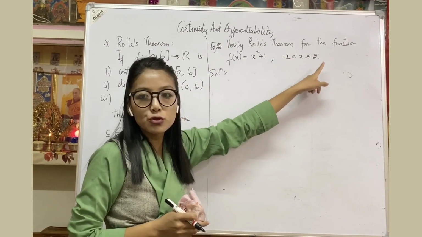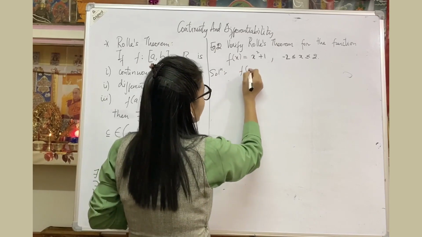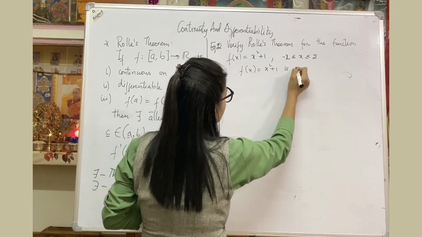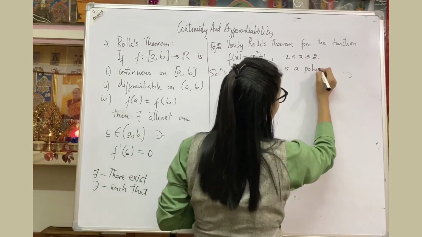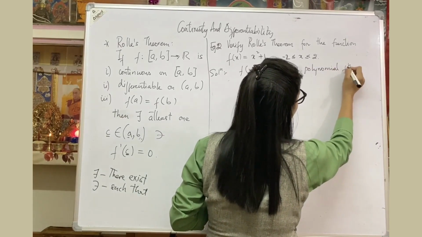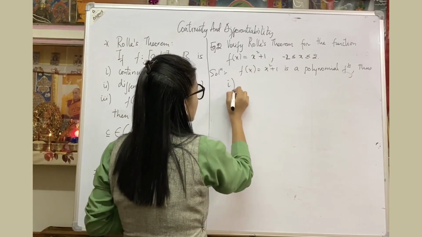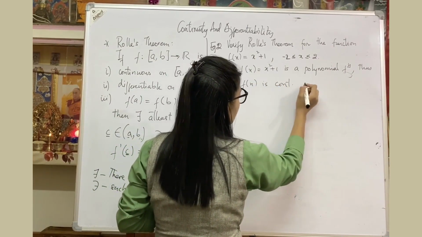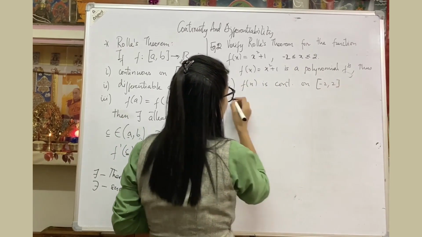First you check f(x) equal to x square plus 1 is a polynomial function. Every time you have to write this, this is how you are going to present this solution. Polynomial function, thus f(x) is continuous on the closed interval -2 to +2.